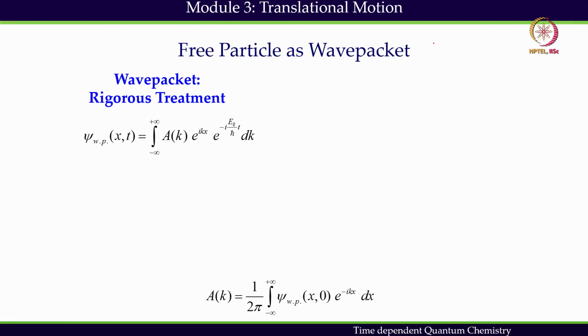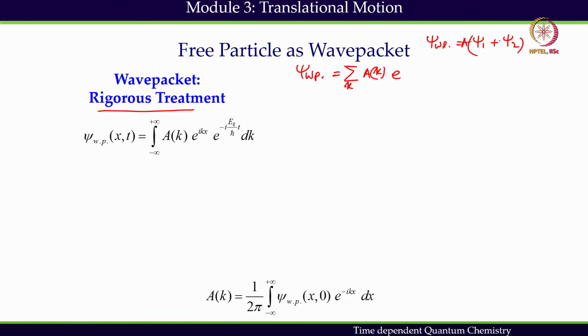Previously, we prepared the wave packet by adding two matter waves, but a free particle can have any energy, and that is why one can propose a more rigorous mathematical treatment: a wave packet should be represented as a summation of a, which I am now making k dependent, since the amplitude may vary.